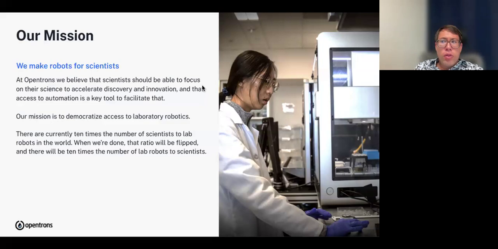It's our view that so many companies in this industry really focus on making very expensive, inaccessible solutions that really only serve a very small subset of labs out there. And so we're really focused on making easy to use tools that are highly affordable so that many more labs can have access to laboratory robotics, and in doing so, accelerate the amount of innovation and discovery that's possible.